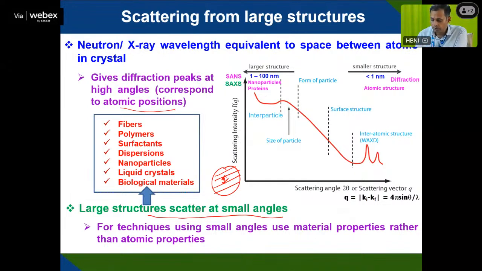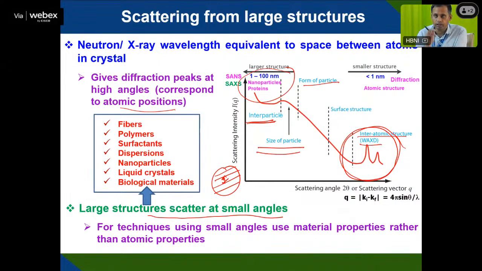So in XRD, we are using this region, where we get the atomic structure information. But in the case of small angle neutron scattering, at 1 to 100 nanometer, we get the large structure. Here we are able to get two things: the nanoparticle shape and size, and the form of the particle.